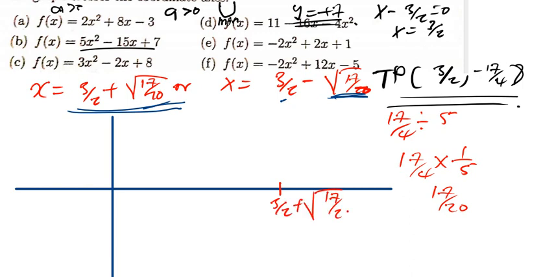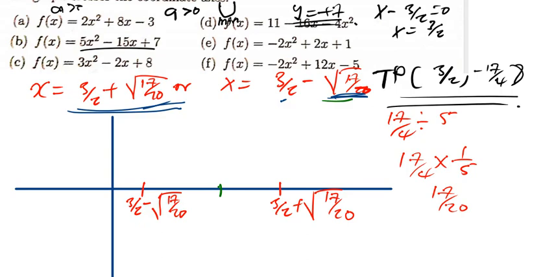Then there's also this number, 3/2 minus root of 17 over 20. In between here, we can clearly see that 3/2 minus this is going to be less than.